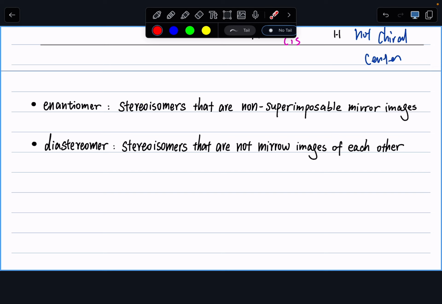When we're talking about enantiomers, we're saying stereoisomers that are non-superimposable mirror images. Let me just build one for you. I'm just replacing one of my hydrogens on the methyl with a green fluorine and an ethyl group. If you have your own molecular kit, you can also play with it later on.